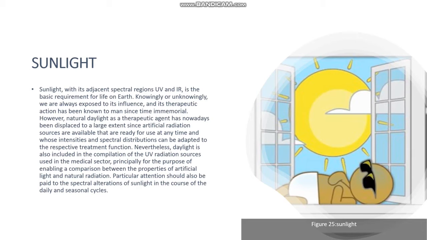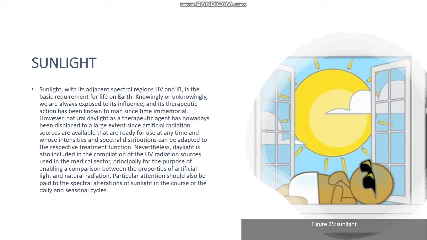Sunlight with its adjacent spectral regions UV and IR is the basic requirement for life on Earth. Knowingly or unknowingly, we are always exposed to its influence, and its therapeutic action has been known to man since time immemorial. However, natural daylight as a therapeutic agent has nowadays been displaced to a large extent since artificial radiation sources are available that are ready for use at any time and whose intensities and spectral distribution can be adapted to the respective treatment function.